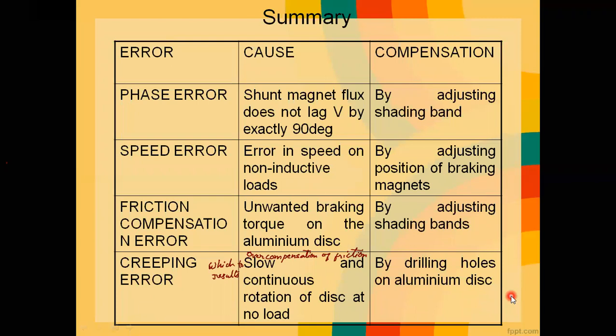We have to drill two holes diametrically opposite to each other, near the circumference of the aluminum disc.